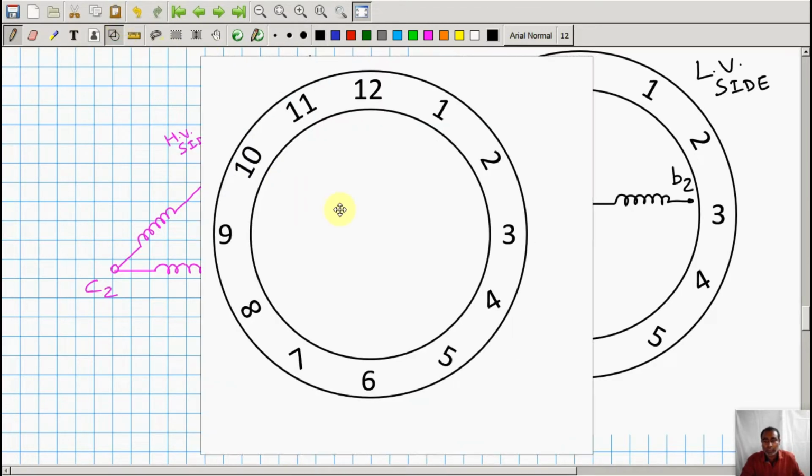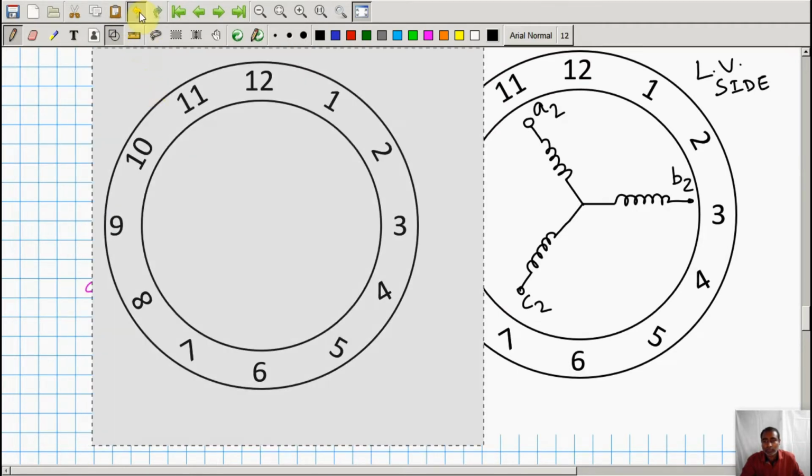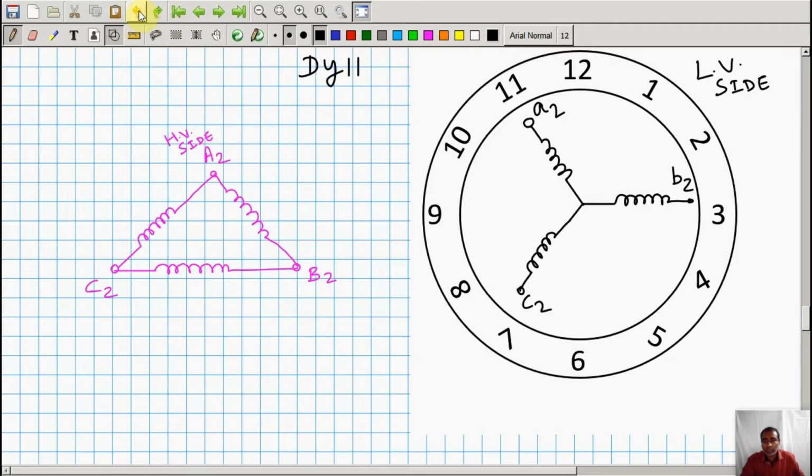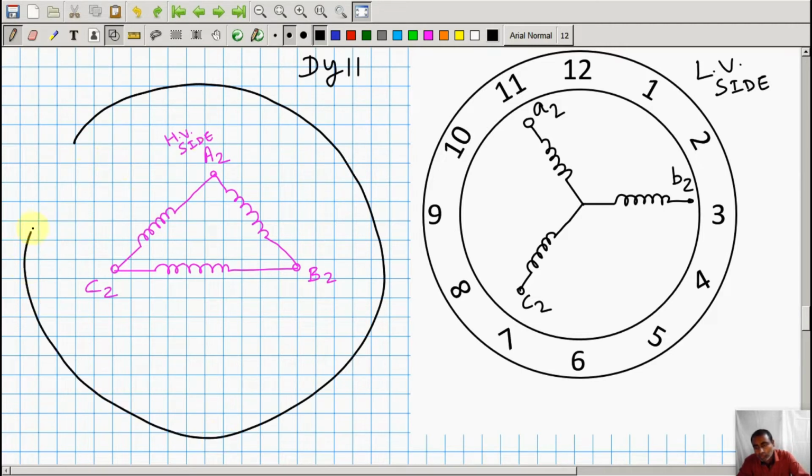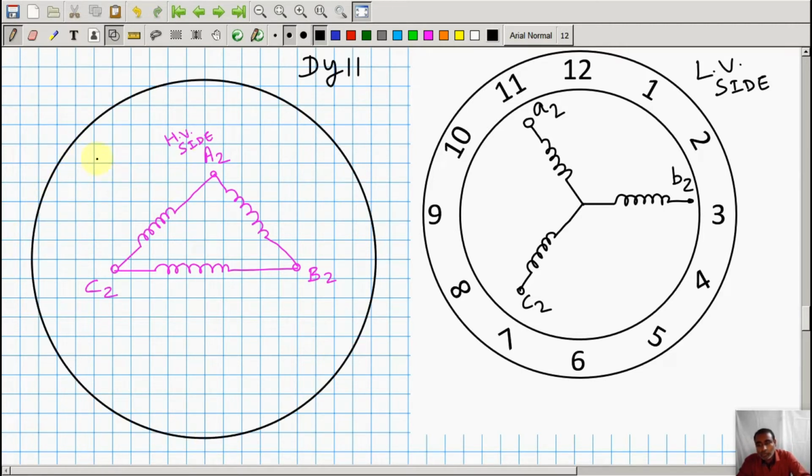Let me undo it. Let me do one thing, let me draw the clock once more. So I am drawing the clock position like this.